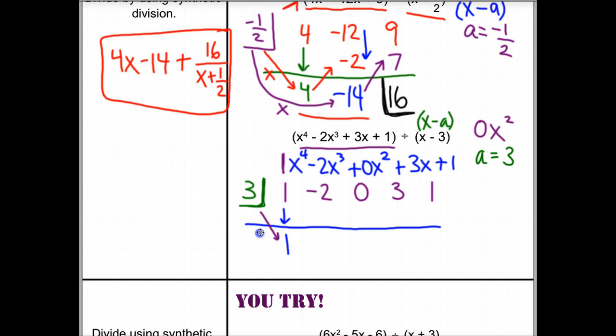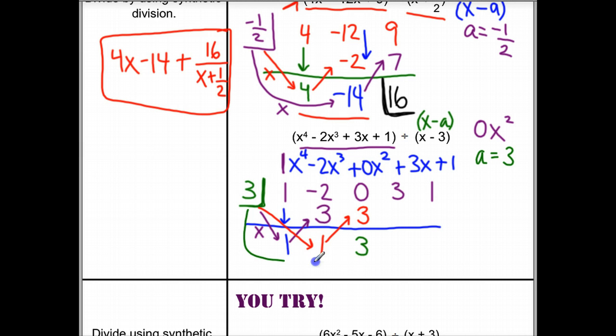So 3 times 1 is 3, and we move 3 up here. Now we simply add negative 2 and 3 to get a positive 1. And then we do 3 times that 1 and move it up here. So we get 3 again. 0 plus 3 is just 3.